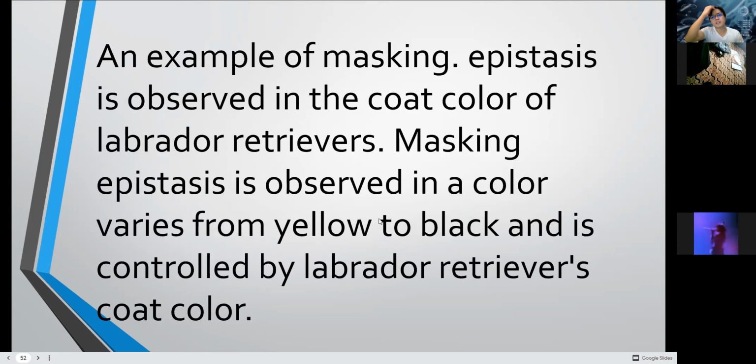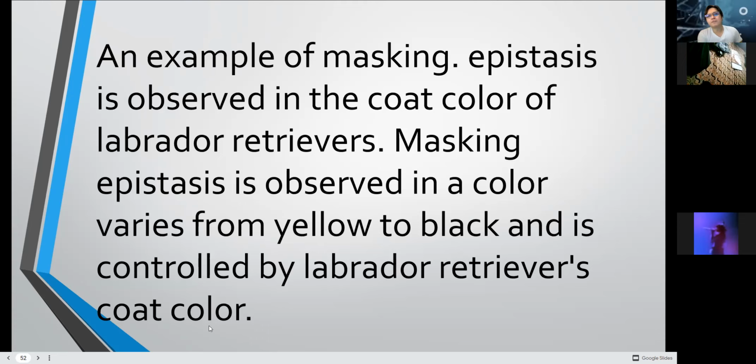An example of masking epistasis is observed in the coat color of Labrador retrievers. This is really common. Labrador retrievers, a breed of dog. Masking epistasis is observed when the color varies from yellow to black and is controlled by the Labrador retriever's coat color genes.